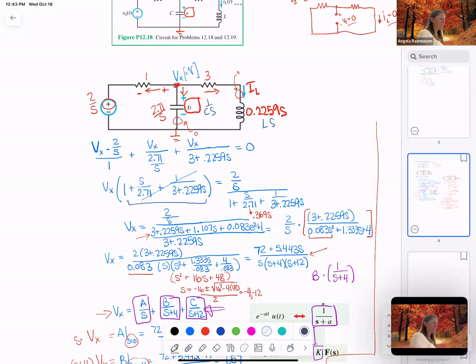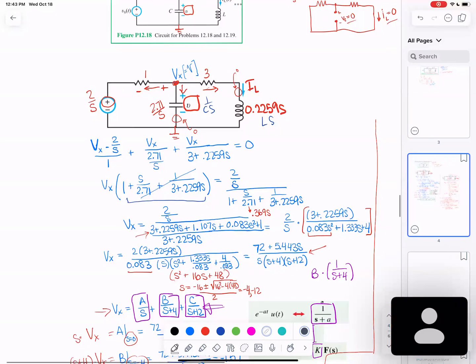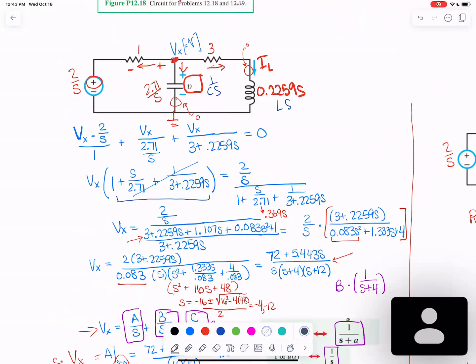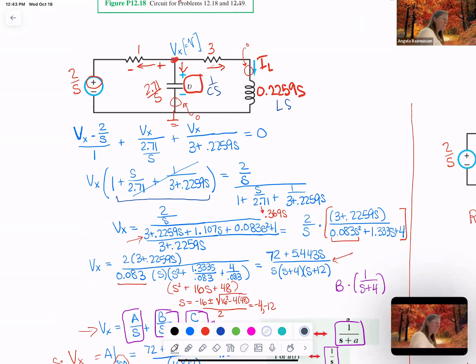Give me a second. I'm gonna do this slowly. Professor Rasmussen, could you show me how you got the Vx over 2.71 over S, please? Then you can just do partial. And it's easy.